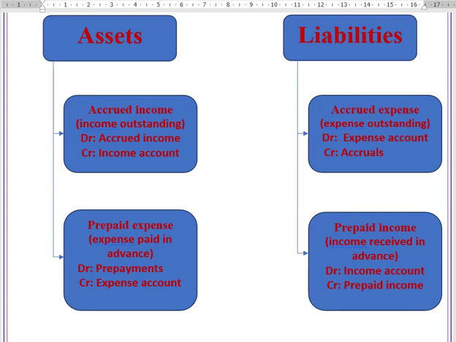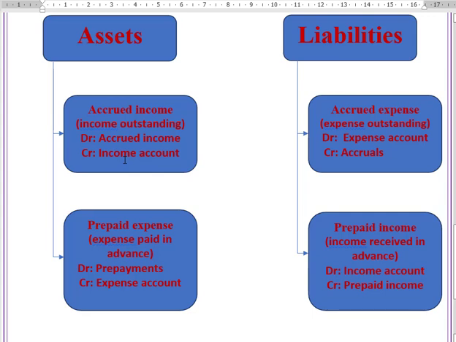That is to say, when you've just calculated an accrued income, what will you debit and credit? Accrued income is an asset. It is money owed to you. It is like debtors. It will be a debit to accrued income and a credit to the relevant income account.